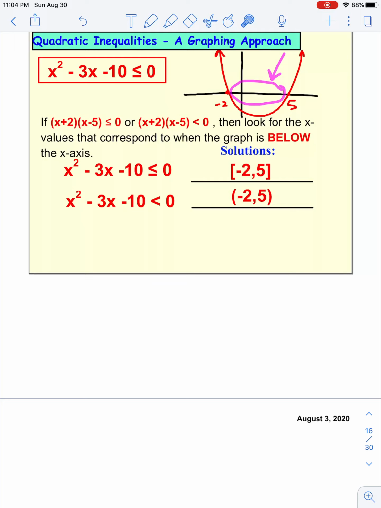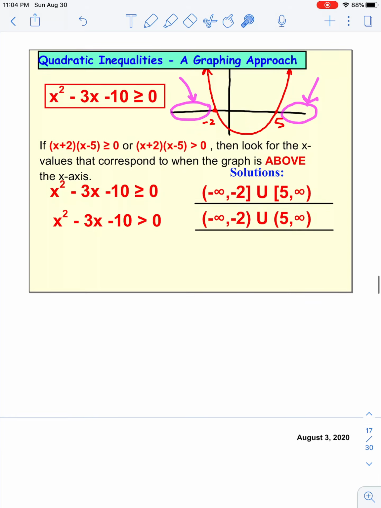It's going to be negative. So if the inequality says less than or equal to 0, it's between -2 and 5, and you have brackets to include -2 and 5. If it just says less than 0, then it's parentheses between -2 and 5, because we don't include the -2 and 5. And remember, we're looking for x values that cause the output of the function to be less than 0. And that means the y values to be less than 0.